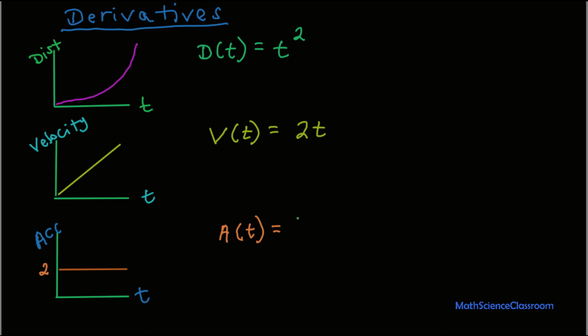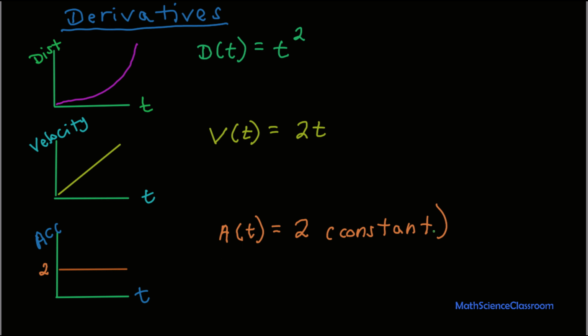So the acceleration over time equals 2, or a constant. Notice that when we go from the distance to velocity, we're finding the derivative of distance.